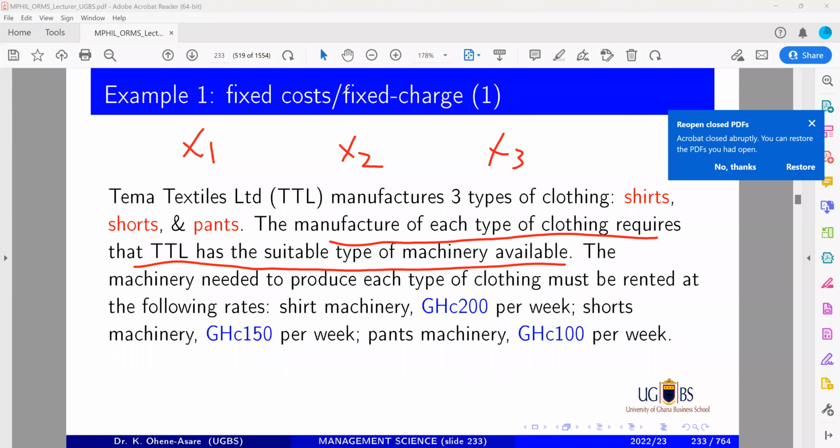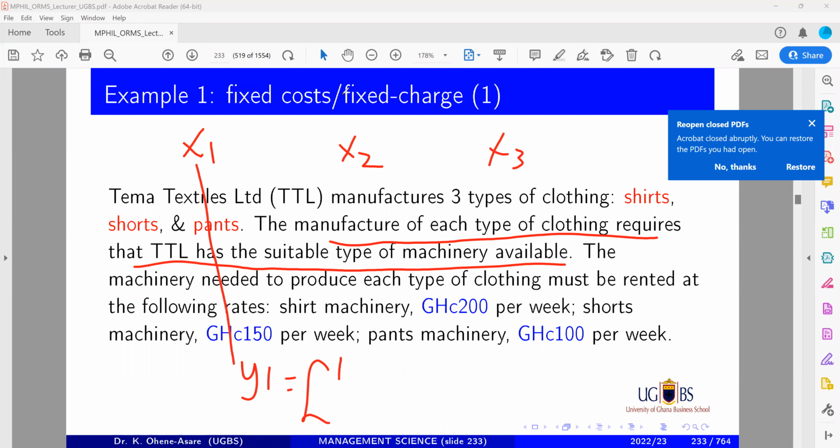And so that makes them binary. So for each shirt, you need a shirt machinery, Y1. But the Y1 is a variable that you either want or you don't want. So this is binary, which is equal to 1 if you want it.